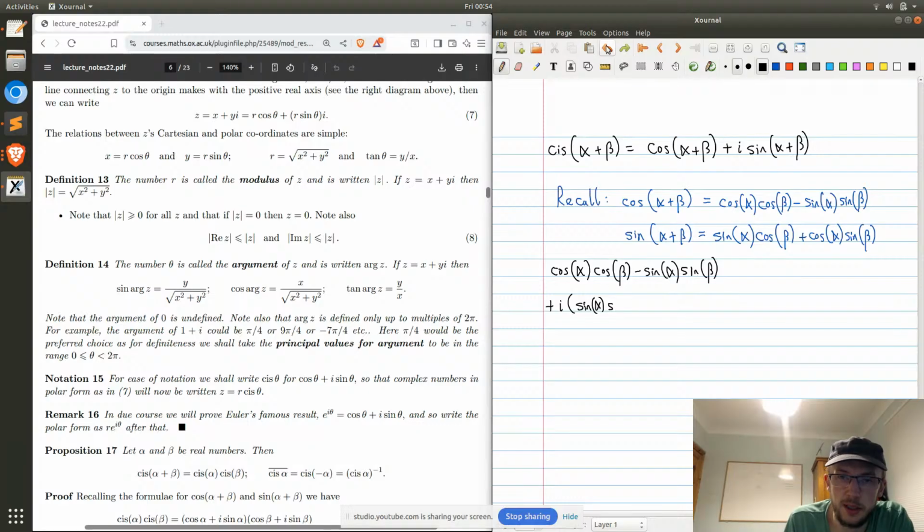Sine alpha cos beta plus cos alpha sine beta. And somehow this has to reduce to that.